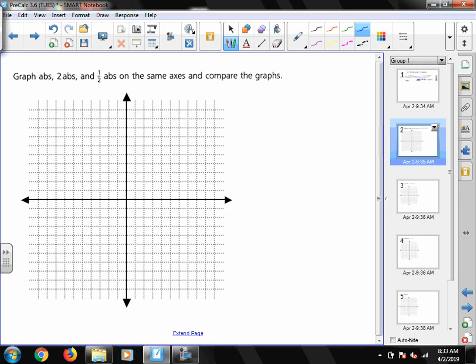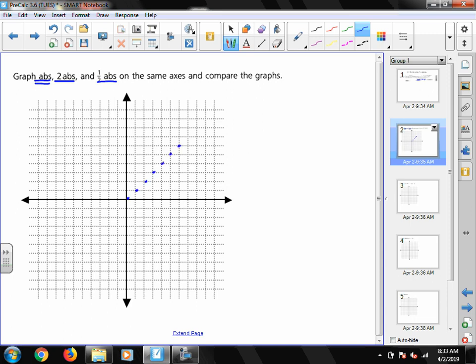Okay, first thing we want to do, we're going to take a look at the absolute value function, 2 times the absolute value function, and 1/2 times our absolute value function, and we're going to see what happens. So right away, I'm going to do the absolute value function in blue here. Hopefully you guys know some key features about this.